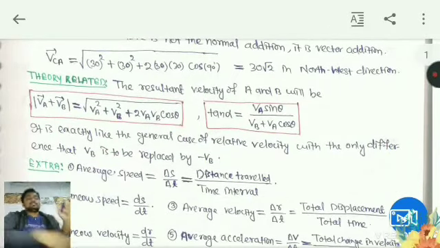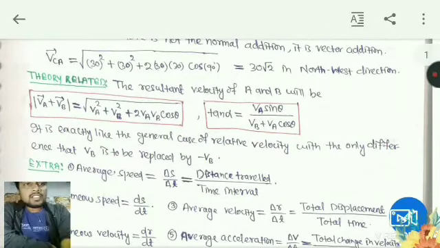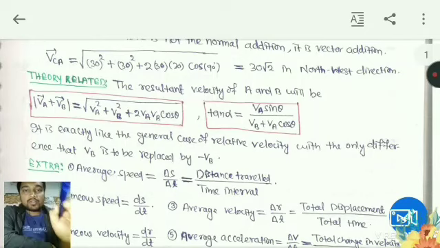And related theories. What are the related theories? The resultant velocity of A and B will be velocity of A plus velocity of B, the modulus is equal to the square root of VA square plus VB square plus 2 VA VB cos theta. And tan alpha, where alpha is the angle between velocity of B and the resultant, is given by this.